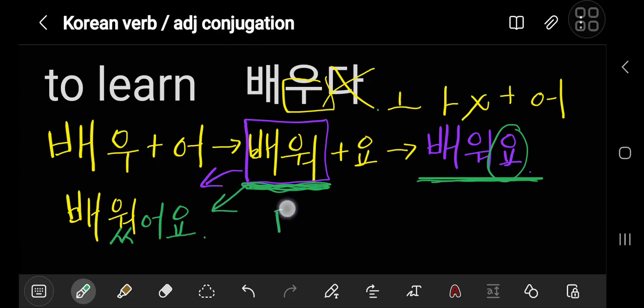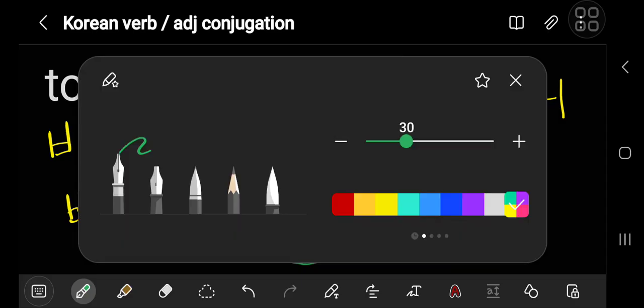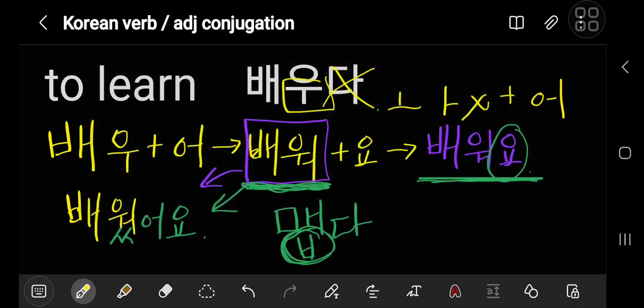But for example, spicy is 맵다, and we didn't do any words with this 비읍 on the bottom. And that can be a little bit more complicated. Just to give you a flavor of that now, we can do it more in depth later.